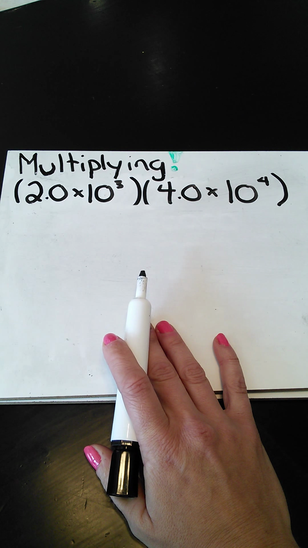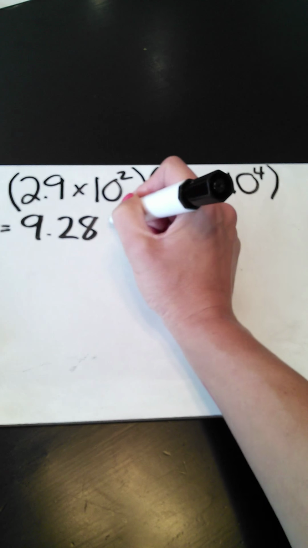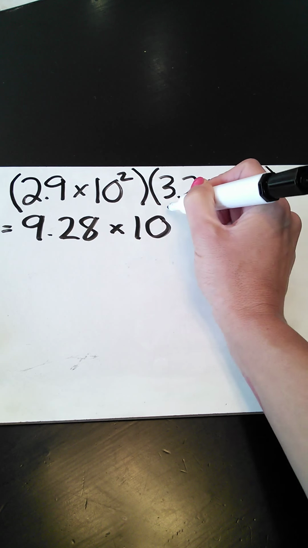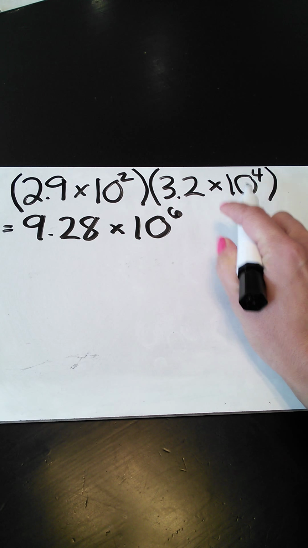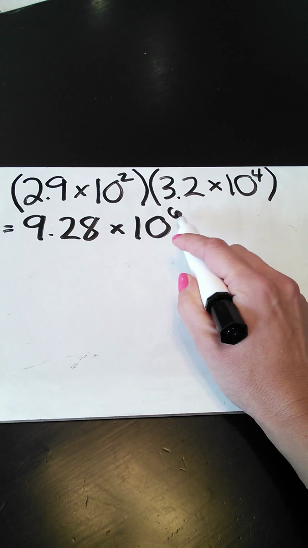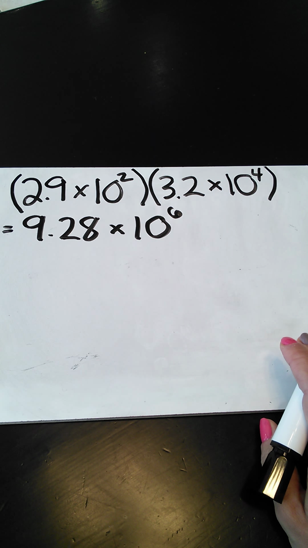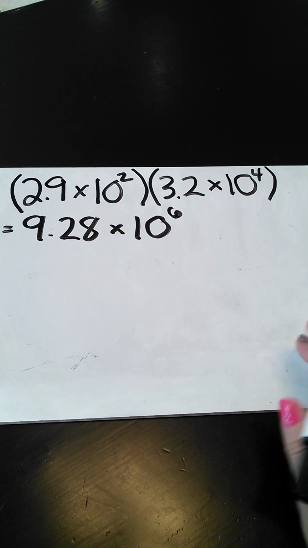Okay, so you can pause it here, give it a try, and when you have tried it, your answer should end up being 9.28 times 10 to the exponent 6. So I multiplied the first two numbers, then I multiplied my power of 10, which I would add my exponents to get 6.